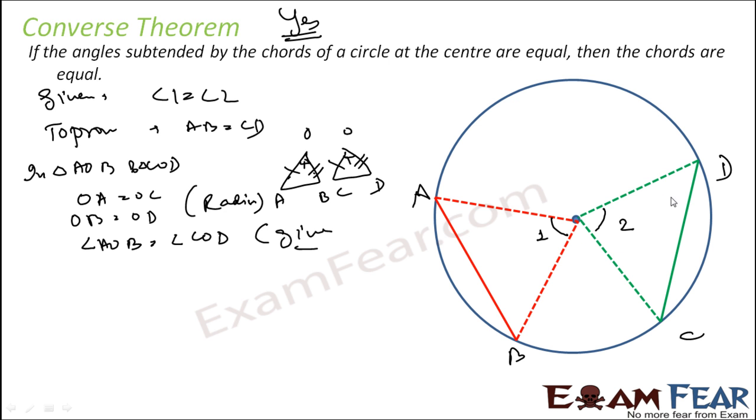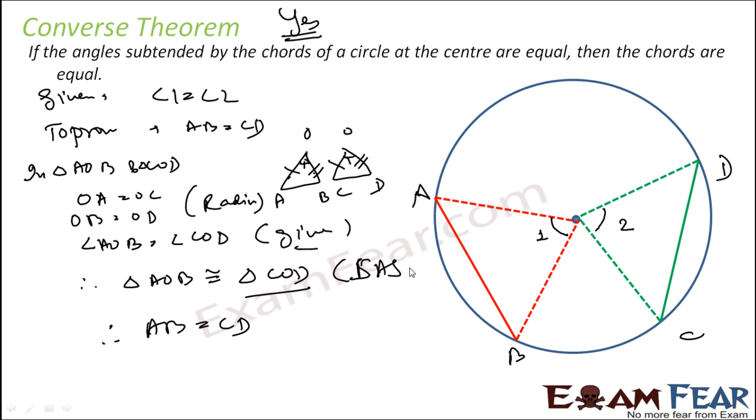Therefore, triangle AOB is congruent to triangle COD. If they are congruent, the corresponding side AB and CD will be equal. And this is congruent by side angle side, SAS.